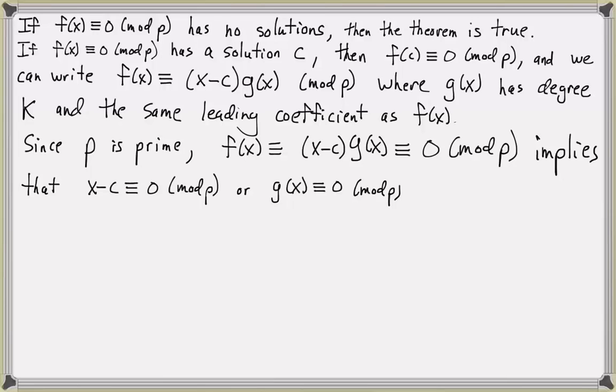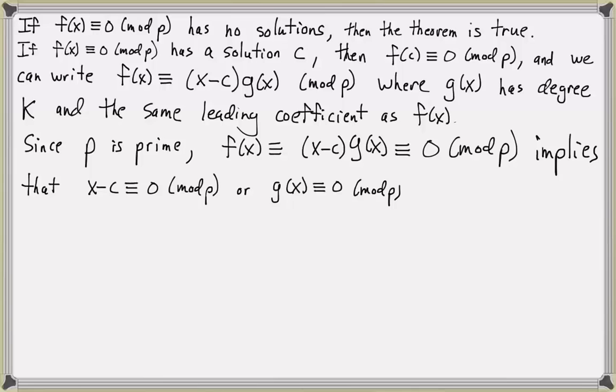So we know that if a prime divides a product, then the prime will divide one of the two factors. So if x minus c times g of x is congruent to 0 mod p, that implies, this is Euclid's lemma, that x minus c is congruent to 0 or g of x is congruent to 0 mod p.